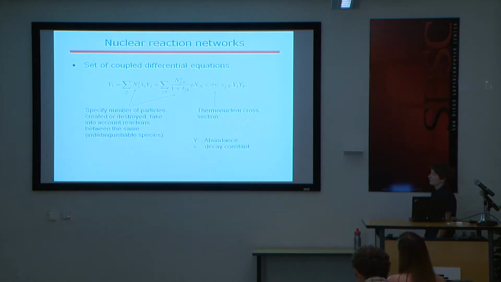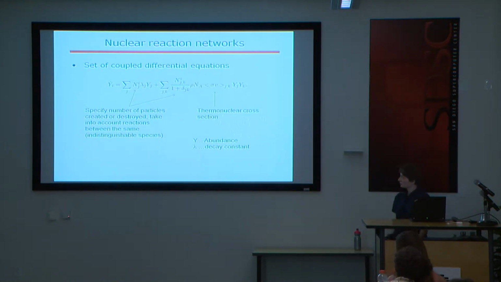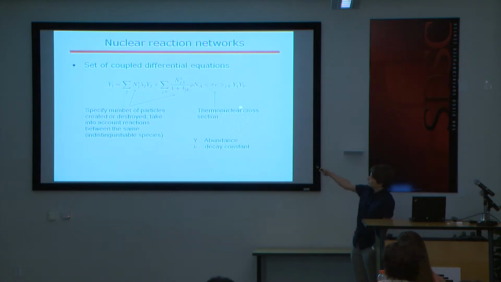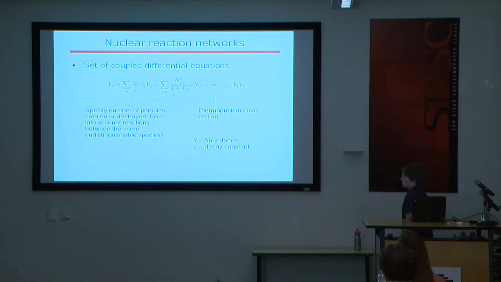So with all of that, we can write down our differential equations that are the fundamental equations in a nuclear reaction network. For each nuclear species we're trying to follow, we have one equation that looks like this. So the change in the abundance of that species depends on all the reactions that either make or destroy I. Typically, we group them by types of reactions.